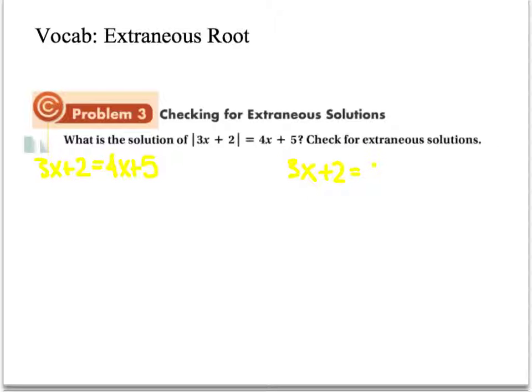So you want the opposite of this whole right-hand side. So if you take the opposite of the right-hand side, you have 3x plus 2 equals -4x minus 5.